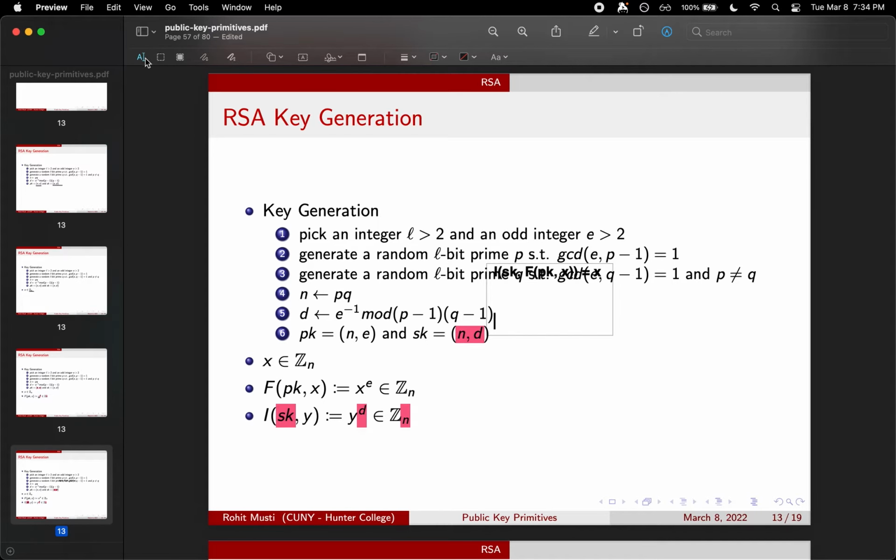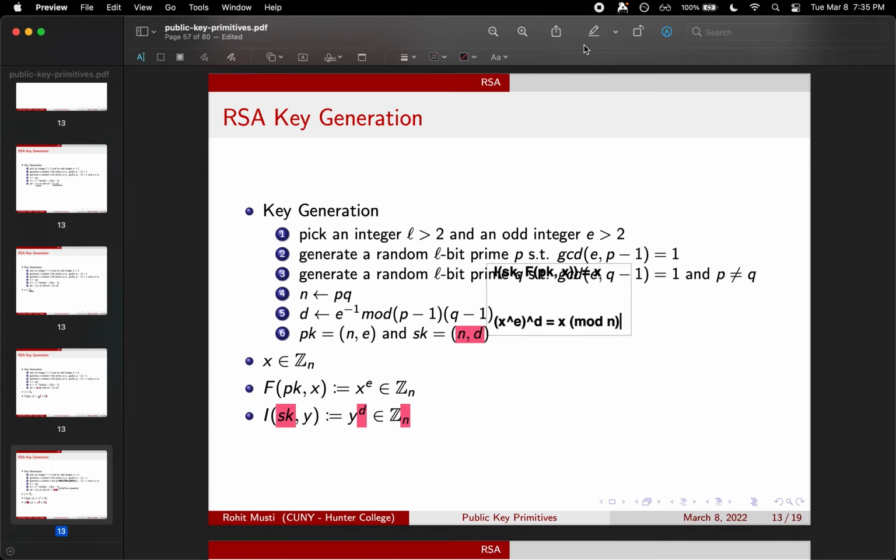In this case, it's saying x to the e, which is y, raised to the d should equal x mod n.